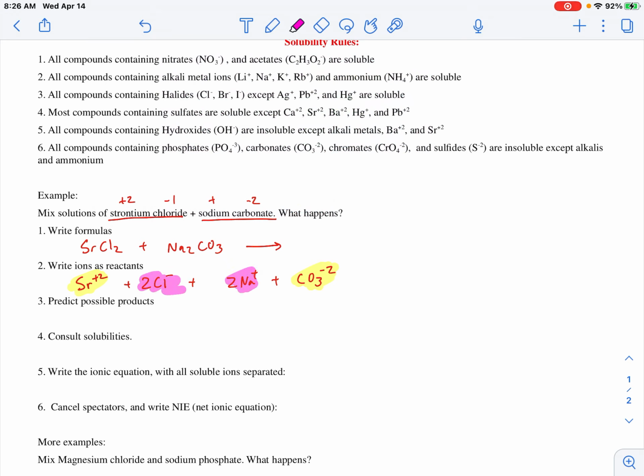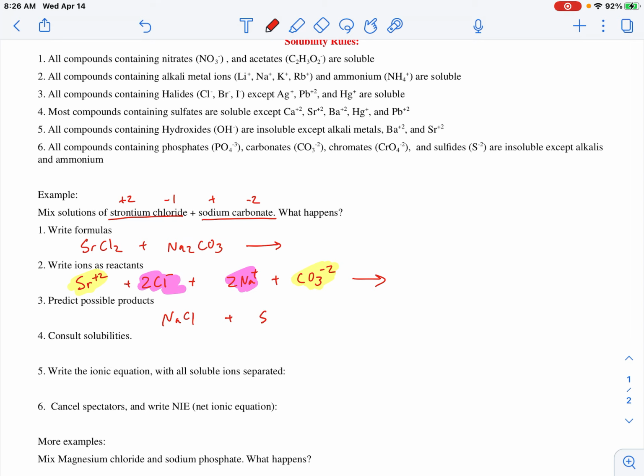So my combinations then will be sodium with chloride and strontium with carbonate. Now, I am keeping in mind their charges, so I'm checking to make sure I'm writing these product formulas correctly. Sodium is +1, chlorine is -1, strontium is +2, carbonate is a -2.